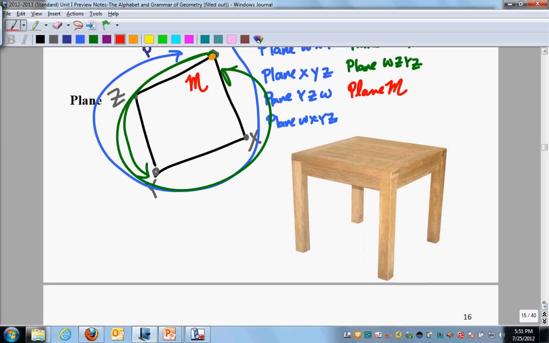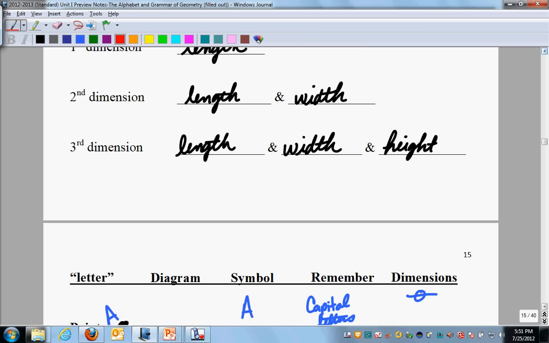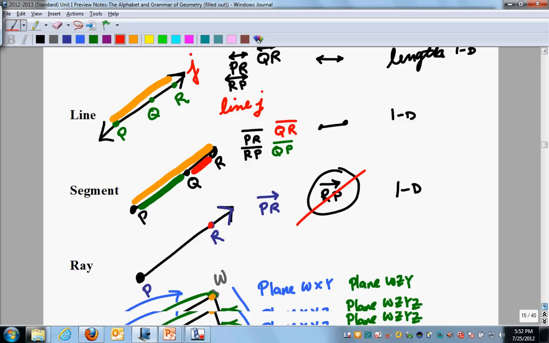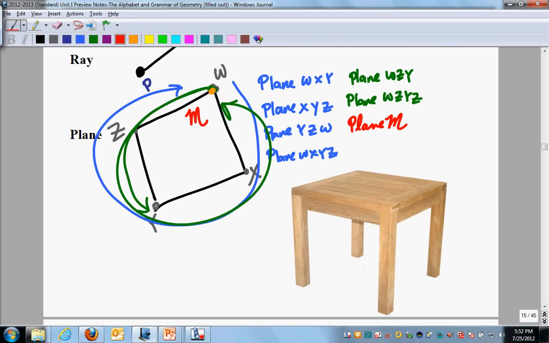On our tabletop here, we could actually see our entire alphabet. That would be a point. We take this edge and stretch it all the way across. That would be a line going on forever.